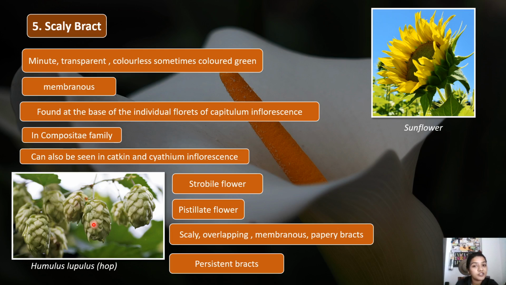Like deciduous trees have leaves that fall off at a certain season, and then they have new leaves. Similarly, these scaly bracts of Humulus lupulus are persistent bracts. They are not deciduous. They will not drop off early. They will remain in the plant for a longer time.